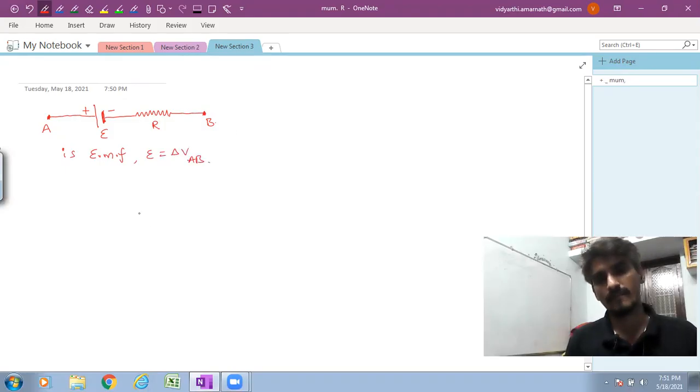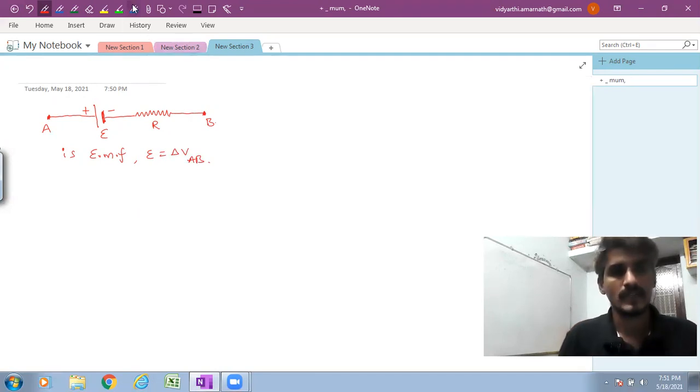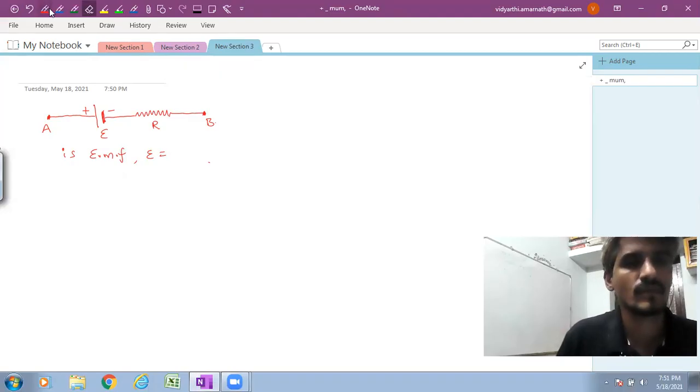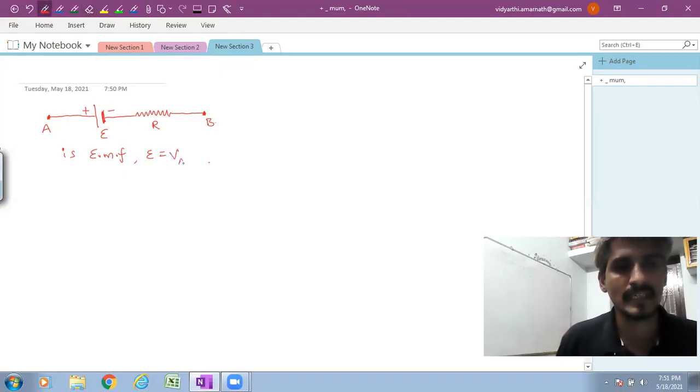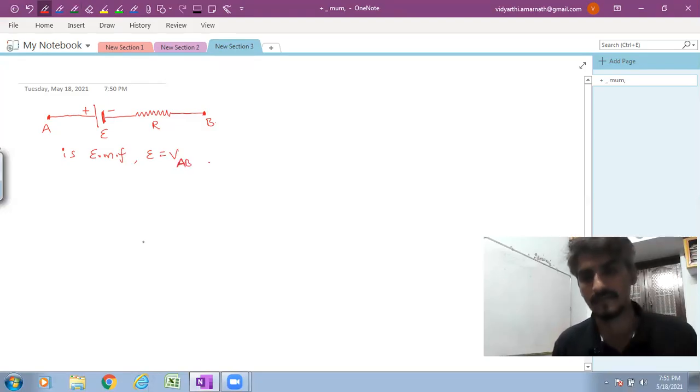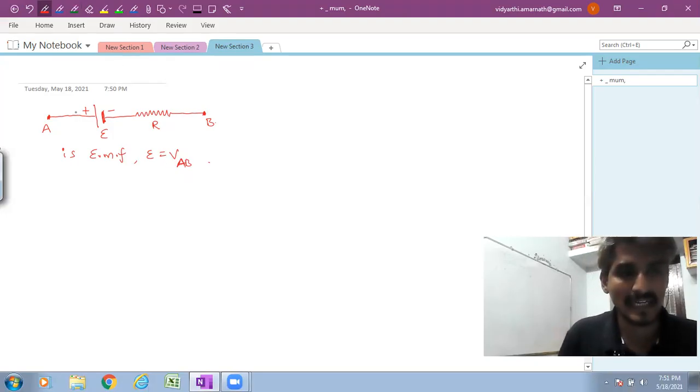Let us simply write it as VAB, meaning VA minus VB, the potential difference. In this situation, is E equal to VAB? No, especially when current is flowing through it.